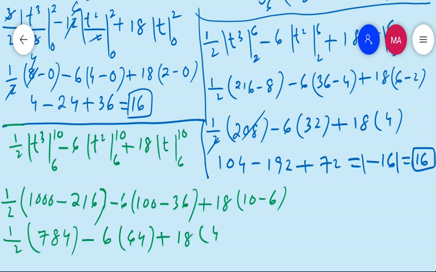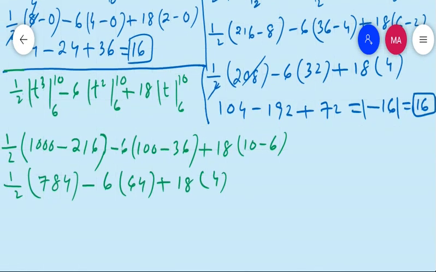Plus 18, 10 minus 6 is 4. 784 upon 2 is 392, minus 64 into 6, 384. 18 fours are 72. And the final value is 80.